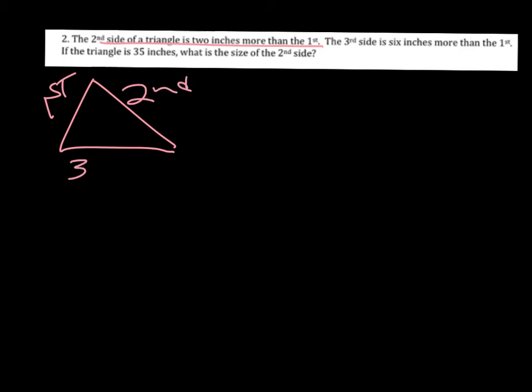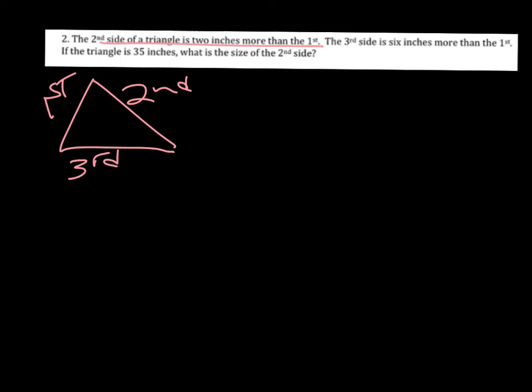All right, so this question says, the second side of a triangle. Wait a minute, I think I'm going to actually draw a triangle here. Okay, now I'm going to start again. The second side of a triangle is 2 inches more than the first side. So let's say this one is my first side, this is my second, and this is my third.